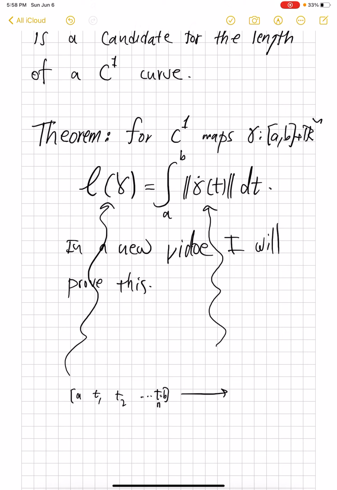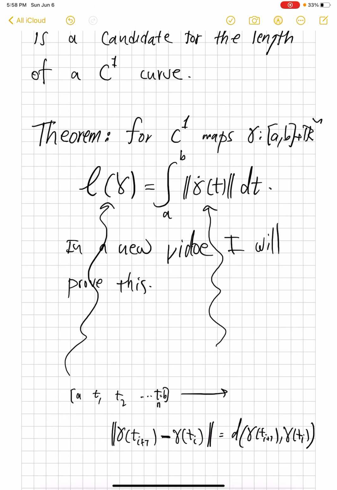And then in the target space, you subtract gamma ti from gamma ti plus 1, and so these are vectors, so you have to be able to subtract them, but actually we didn't use this quantity, we only used the norm of that quantity in the definition. And this is just the distance of gamma ti plus 1 from gamma ti.